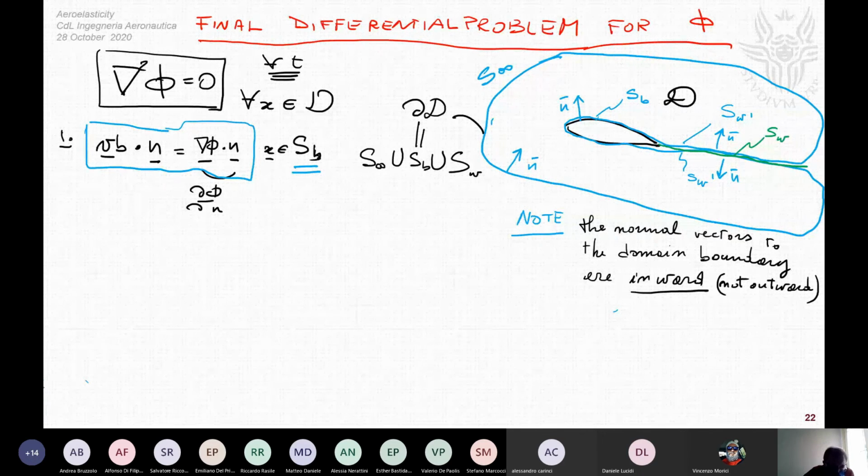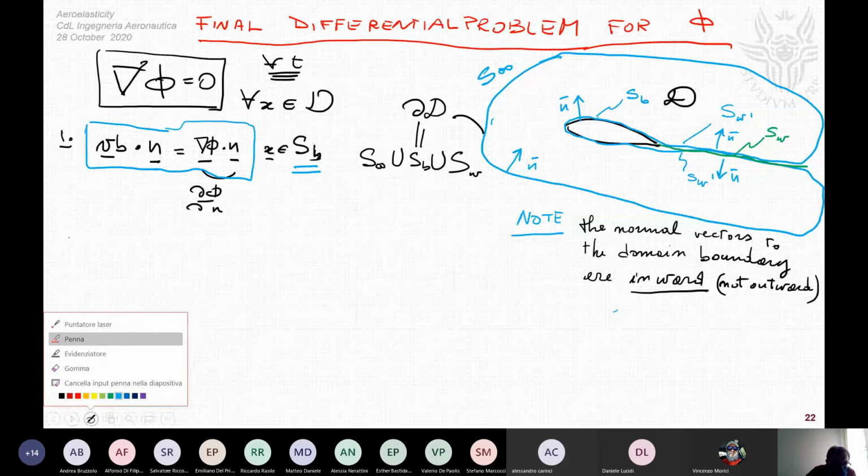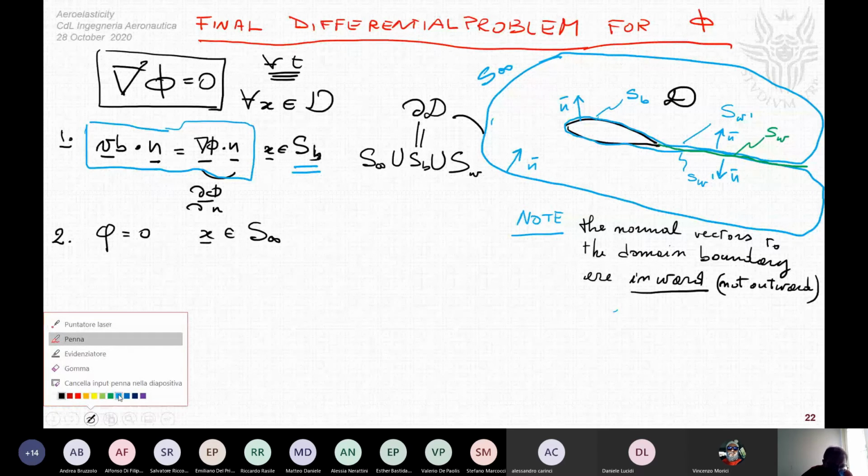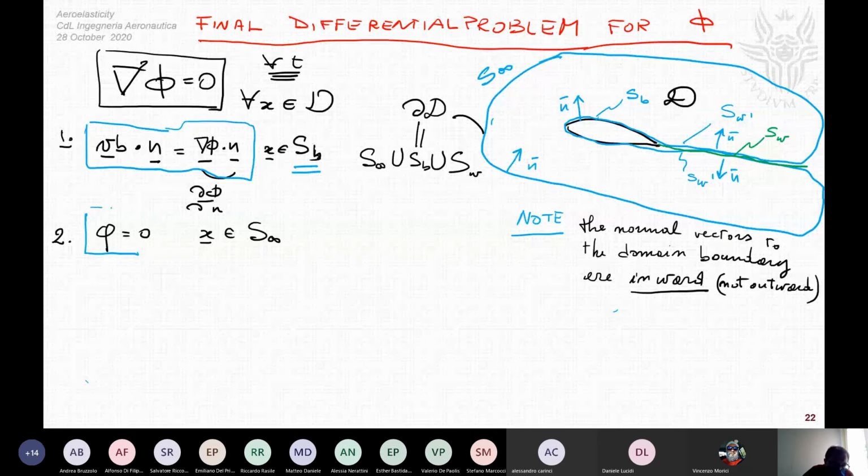Second boundary condition: we have that phi is equal to 0 for x on S infinite. Here we have an unperturbed flow, so the velocity is 0, the gradient of phi is 0, so phi is constant, but this constant is arbitrary, and we can fix this constant to 0, okay? This is the second boundary condition at infinity.